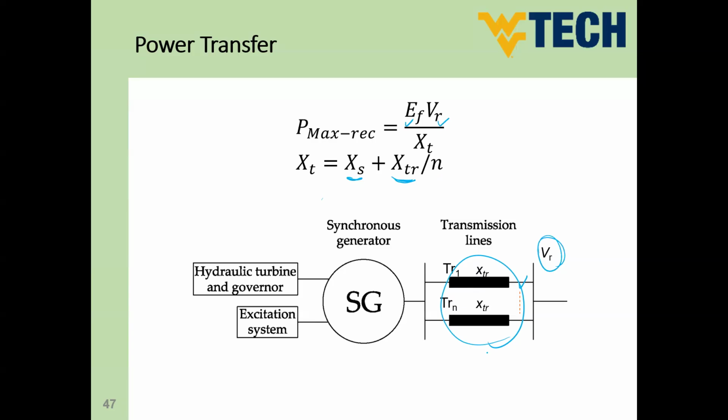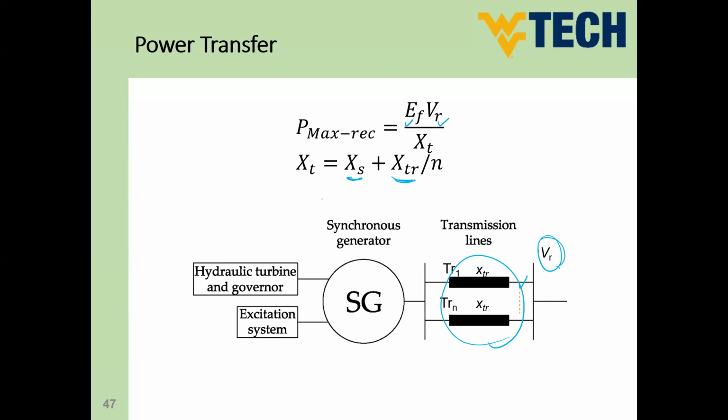So in this case, guys, we can consider as if the complete transmission line system as a part of the generator now. So we can consider that VR is the terminal volt of our machine, and this reactance is added to our synchronous generator. And this is going to be now the maximum power that we can deliver at the receiving end here.